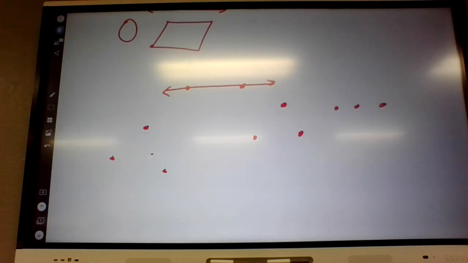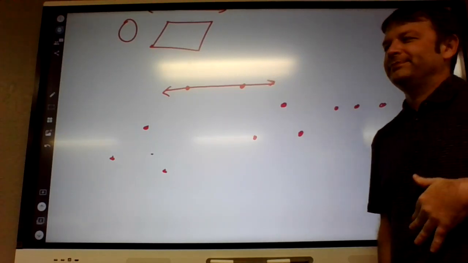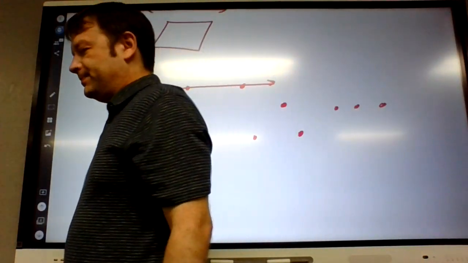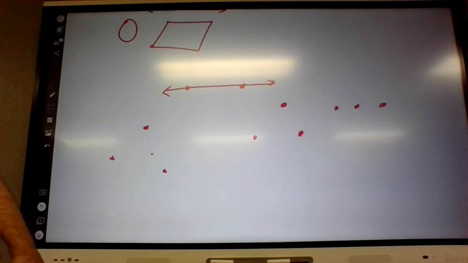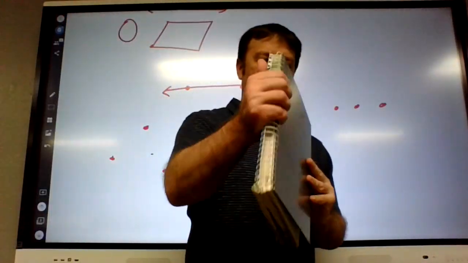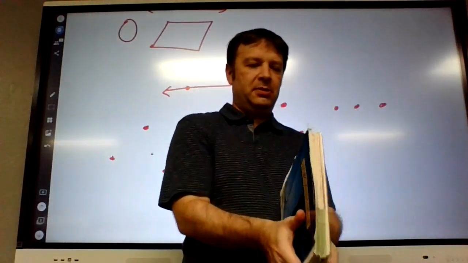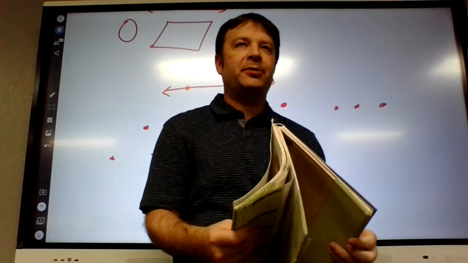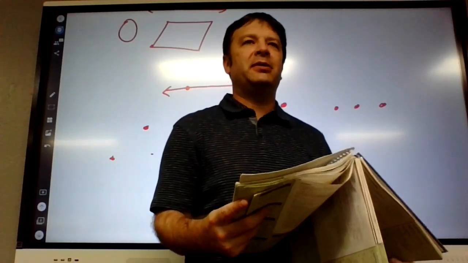Is it possible three planes intersect in a different way besides one point? No. I should have thought of this in the other class. So all these pieces of paper are like planes, right? And if I fan them out, where are they intersecting?